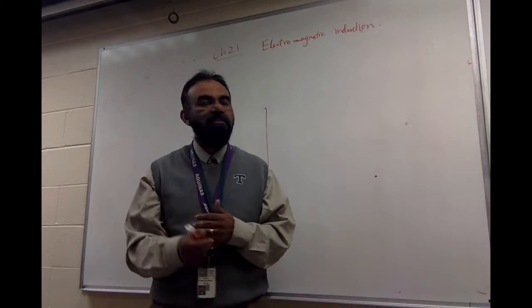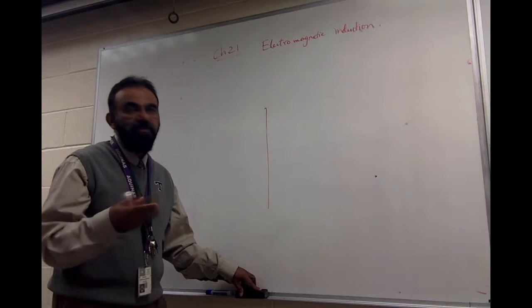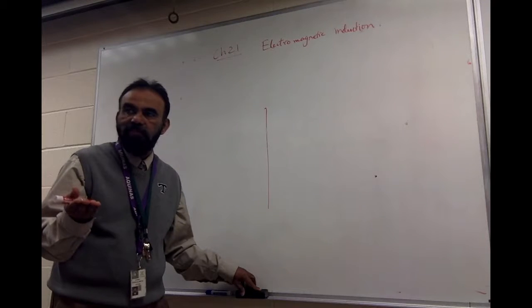And in that process, he was trying to create a magnetic field. The best way to create a magnetic field is to use a coil and magnetize something, right?